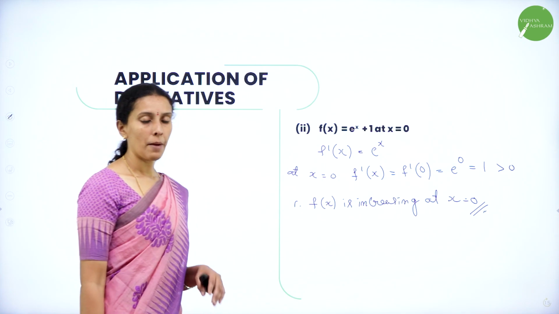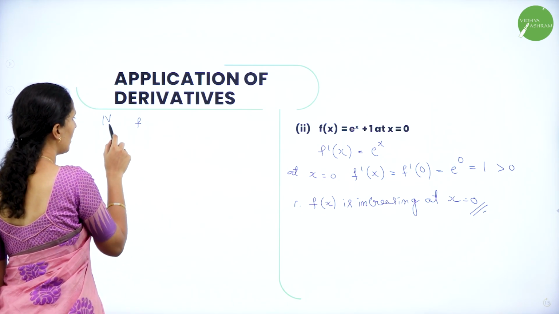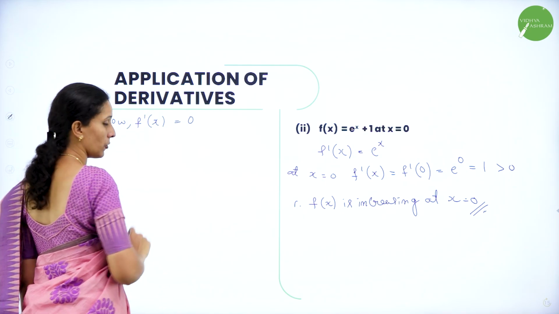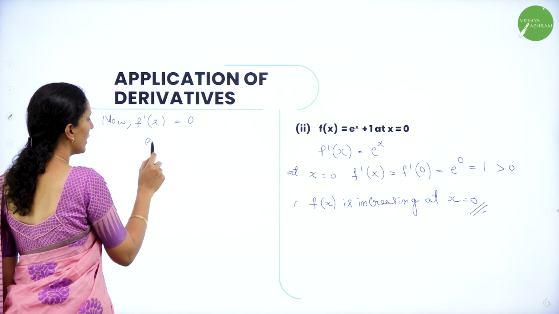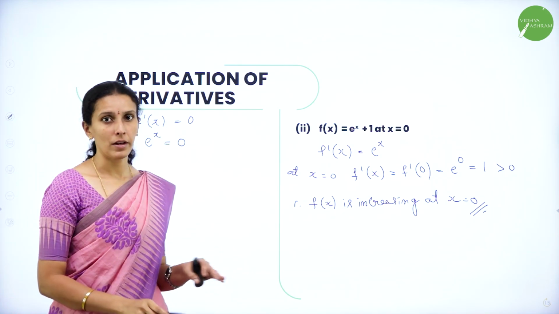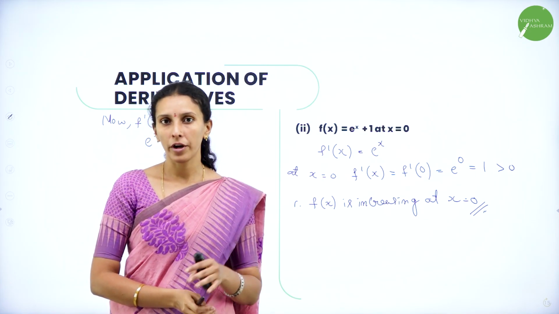Now let's see about the critical points. What is the condition of a critical point? f dash of x must be equal to 0. That means e power x must be equal to 0. But this is not possible. Exponential function can never become 0 for any value of x.